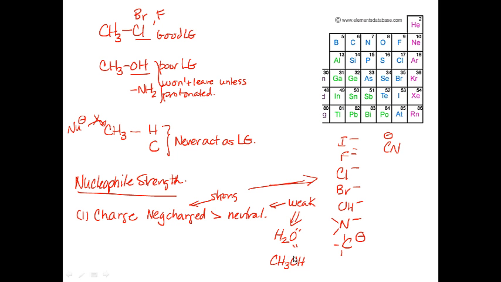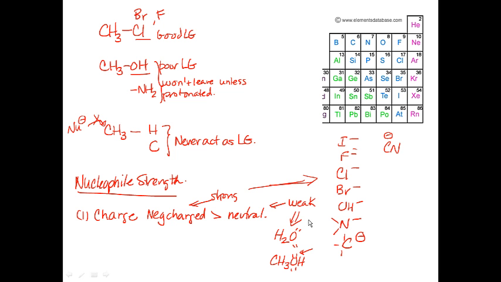So if you have like methanol as an example, this oxygen can act as a nucleophile because it's got a lone pair, but it does not have a negative charge, and so therefore it's not a strong nucleophile. We classify it as weak. And we'll see some examples here in the rest of the lecture where we can react weak nucleophiles as well as strong ones in the reactions.